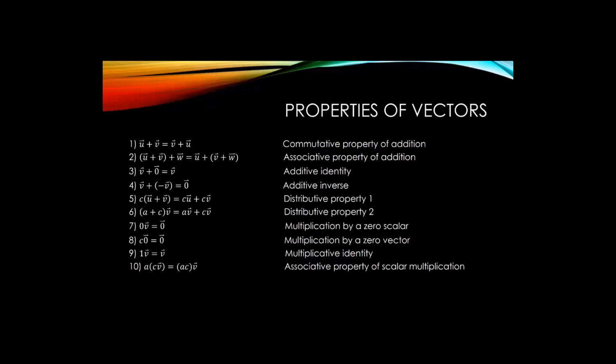I have the multiplicative identity. If I multiply 1 times any vector, I get the vector back. And I have the associative property of scalar multiplication. In other words, a scalar multiplied times a scalar multiple of a vector is the same thing as multiplying the two scalars and then multiplying that product by the vector itself.